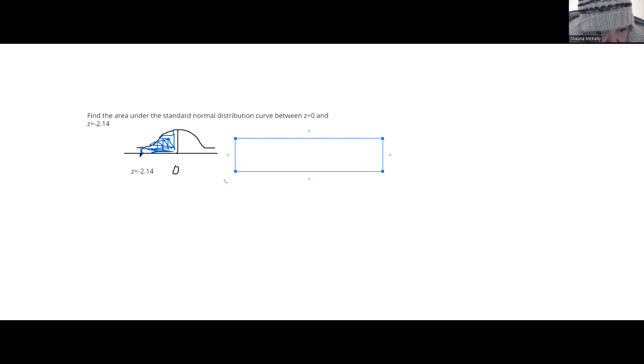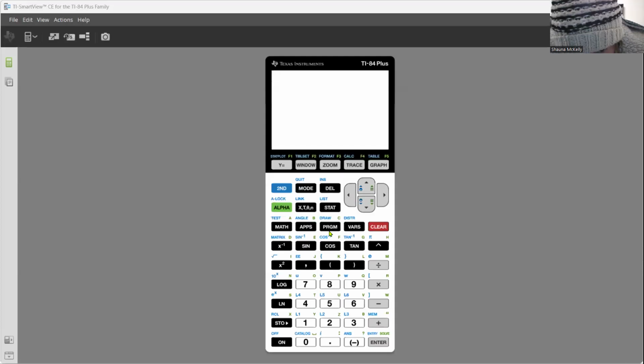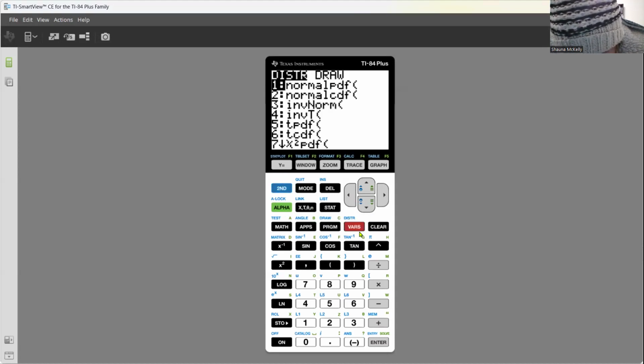Okay, so here's what it looks like on the calculator. So what I'm going to do here is get my calculator screen. Here's my calculator. Share screen. So I'm going to say second, and my distributions are on a menu in the calculator above the vars key called vars, and it has distr on top.